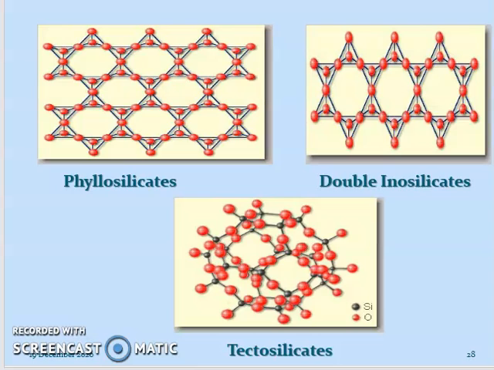The last type of silicate is tectosilicate.